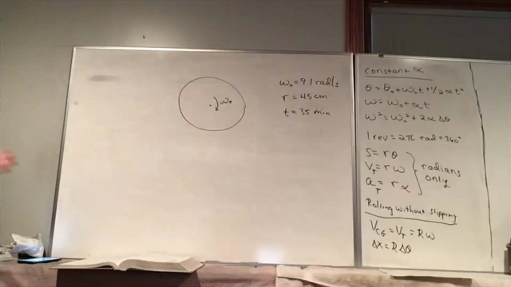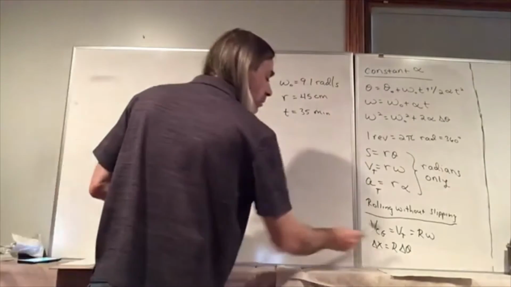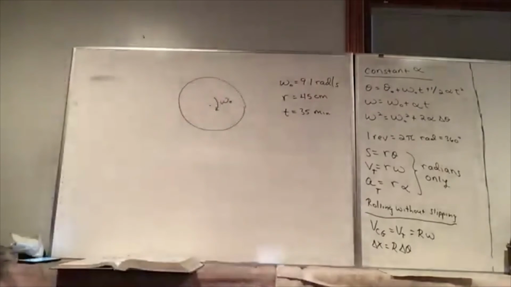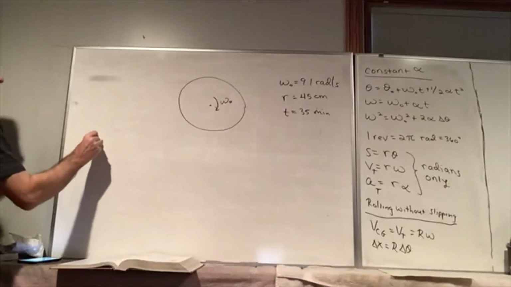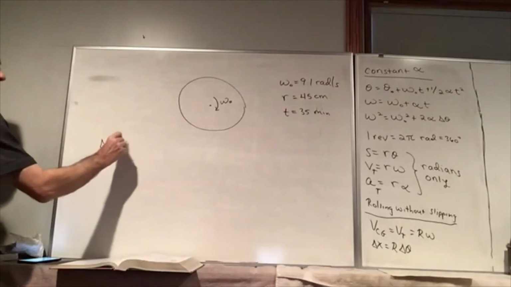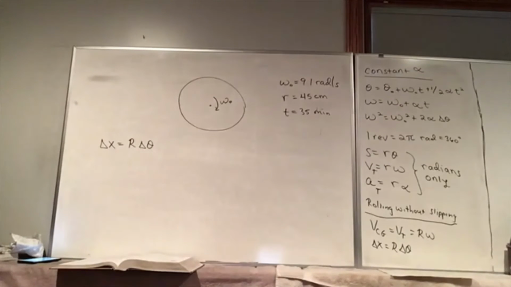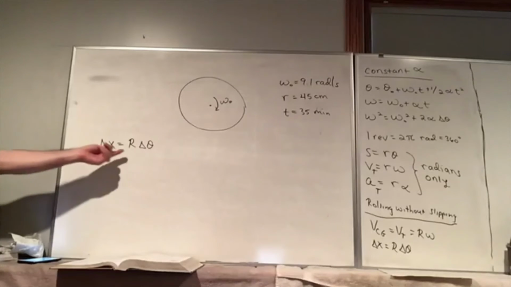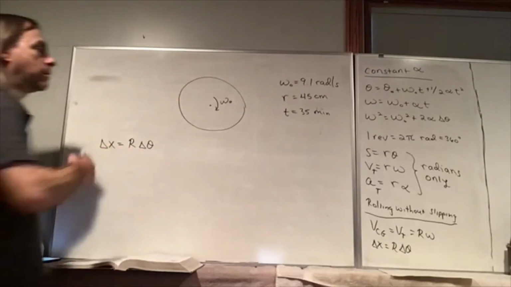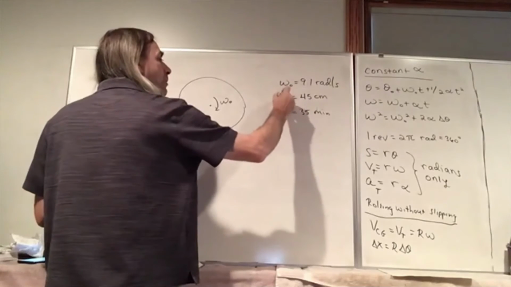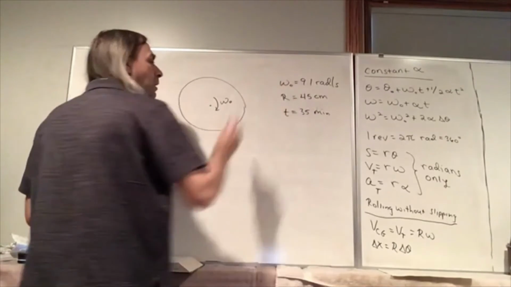And so basically the distance that you would travel is equal to the radius of the wheel times the angle through which that wheel rotated. So delta x is equal to r delta theta. We know r.